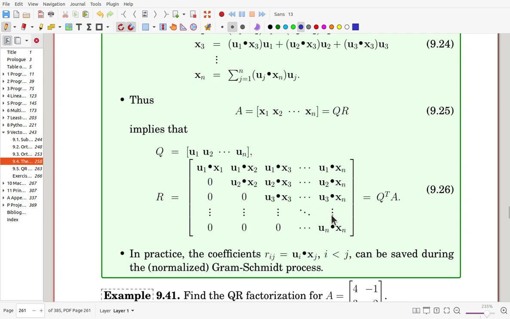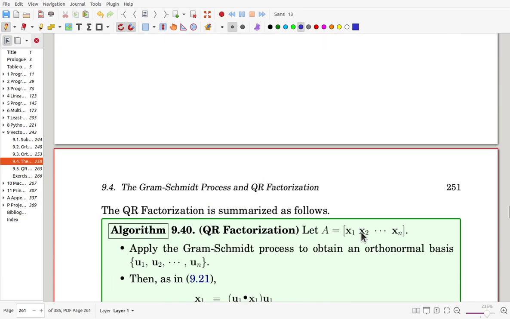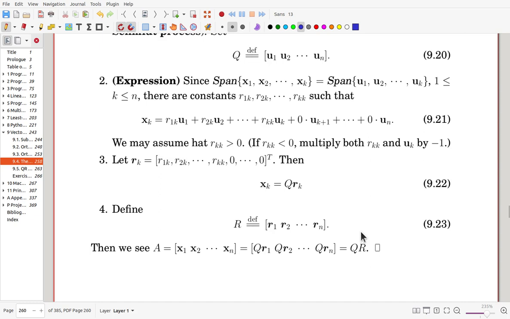Now the thing is, the diagonal must be positive. Okay, here we can do it this way. And here Rkk in the QR factorization R is a diagonal entry. That is positive. If it is negative, then we multiply by -1.